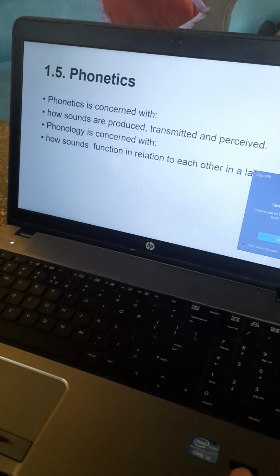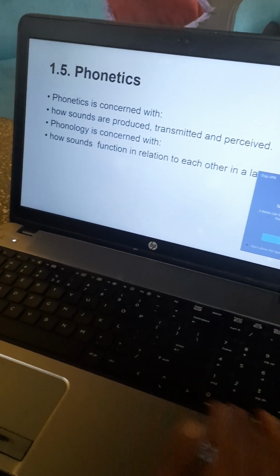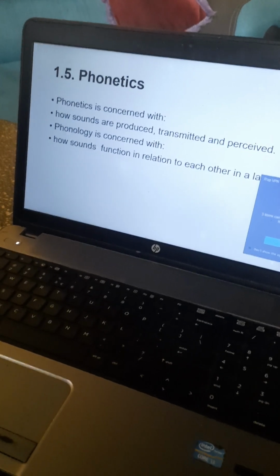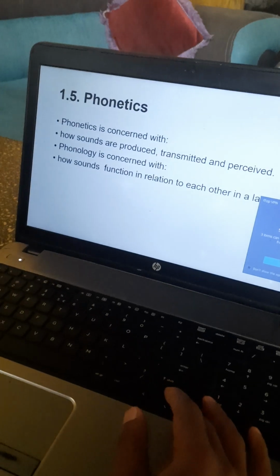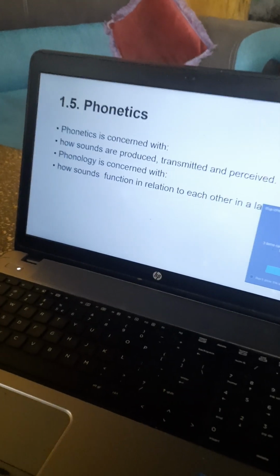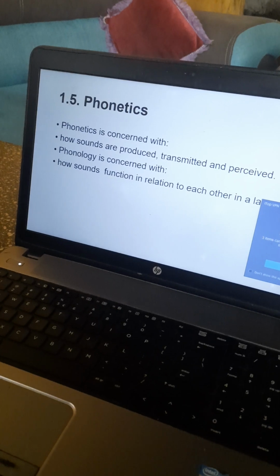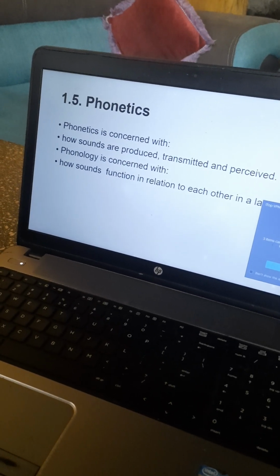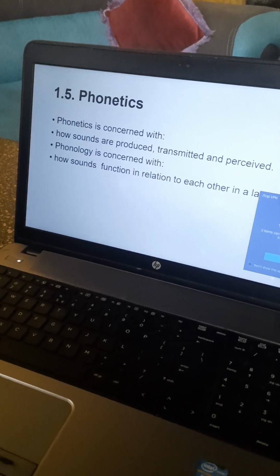Look at phonology. Phonology is concerned with how sounds function in relation to each other in a language. You see their difference. Phonetics is about sound formation, sound production, sound transmission, and how the sound is perceived.